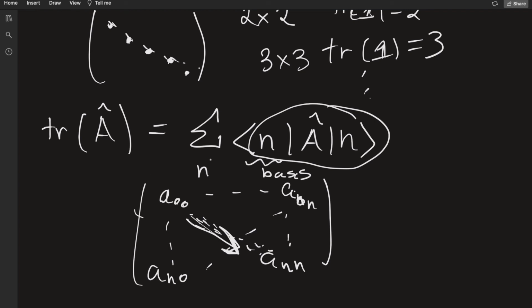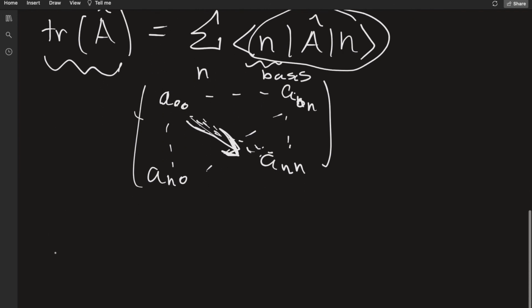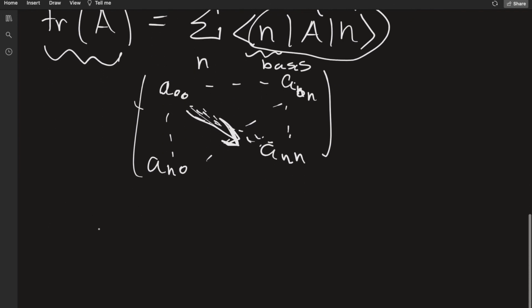And we can see that if you sum all those values in the diagonal, you get the trace. So when you see that, you can see why it is the way that it is. Okay, so it doesn't take much to see that, but it's very useful for us to know other stuff and do stuff in quantum mechanics.